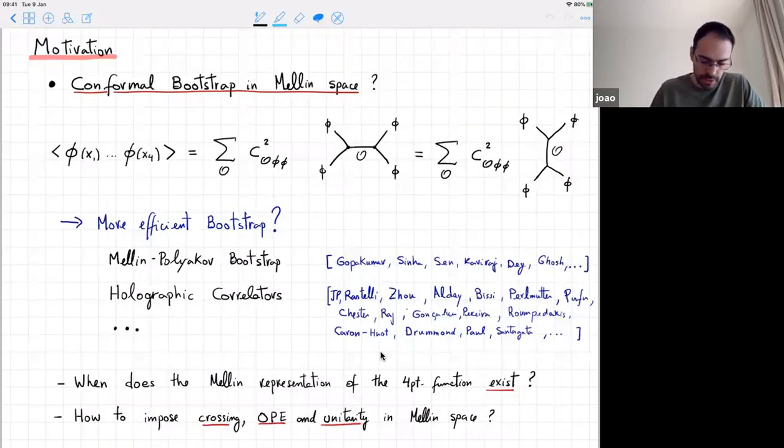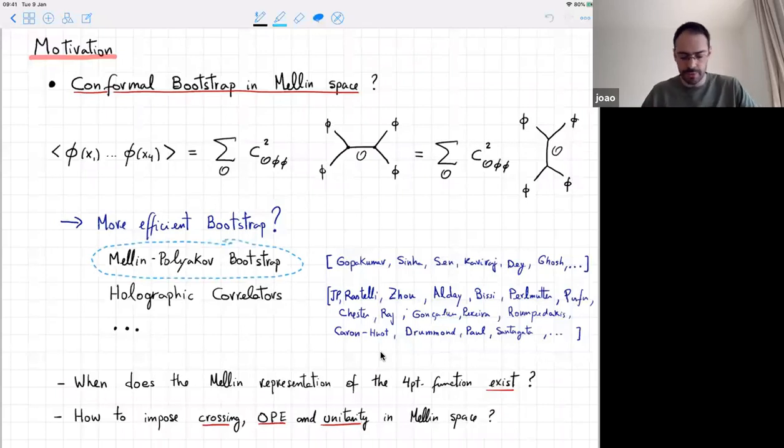One hint comes from the work of the Indian bootstrap, the Mellin-Polyakov bootstrap, where it was possible to derive many results in the epsilon expansion and large N expansion, pushing it even further than previous results using Mellin amplitudes. So that's one indication that, at least for some problems, Mellin amplitudes are more efficient.